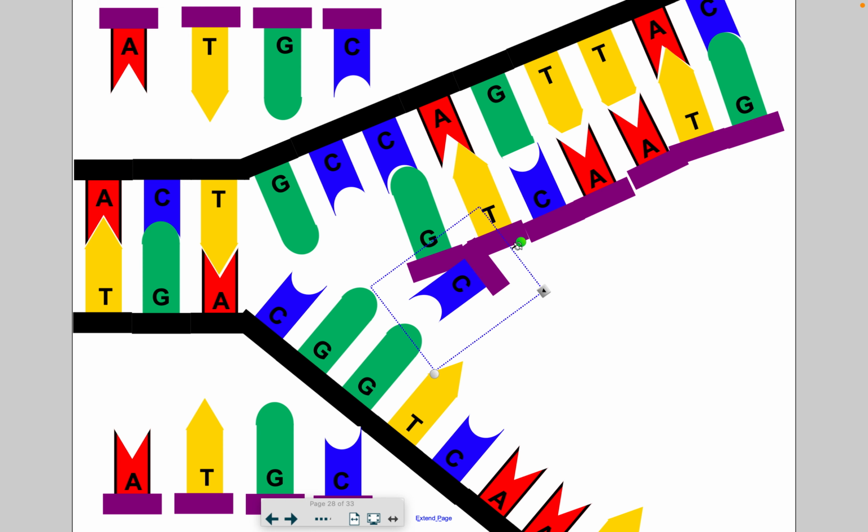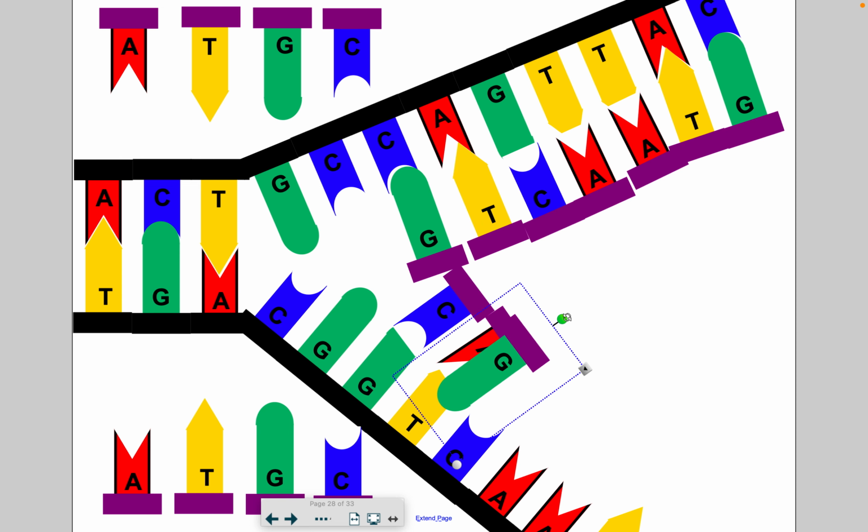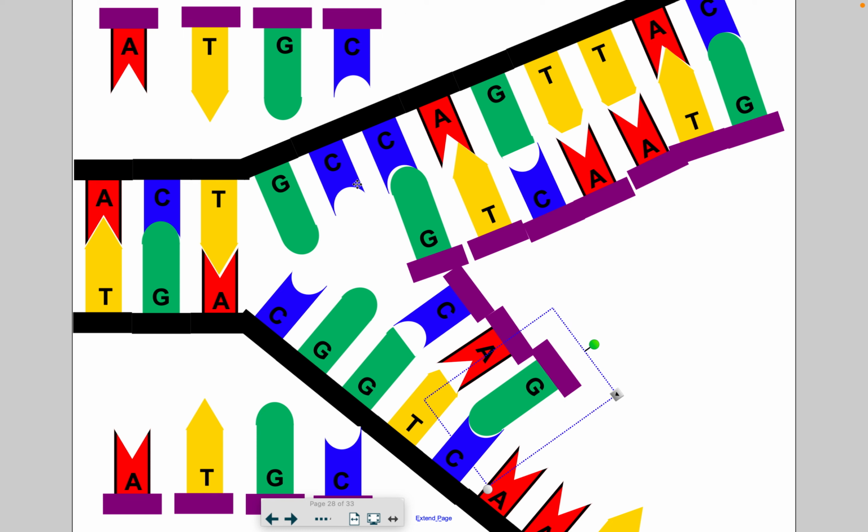C pairs with G, A pairs with T, G pairs with C, A pairs with T. Now, if I start right here and I start to compare, I go CG.